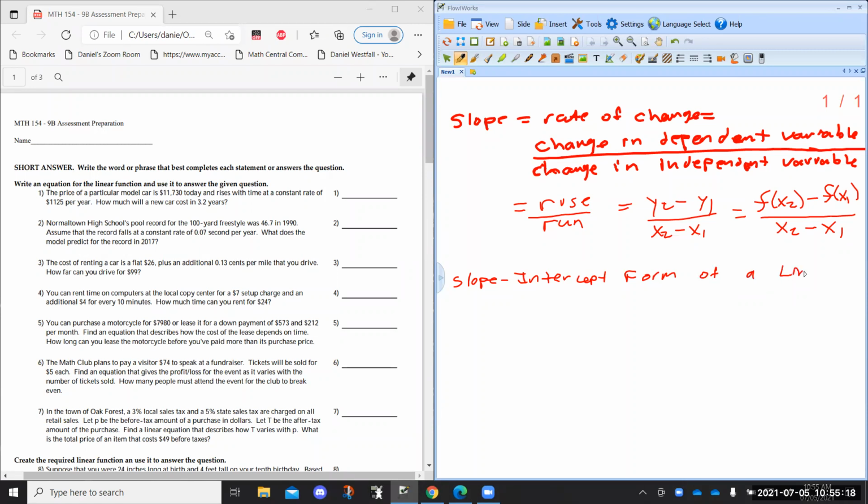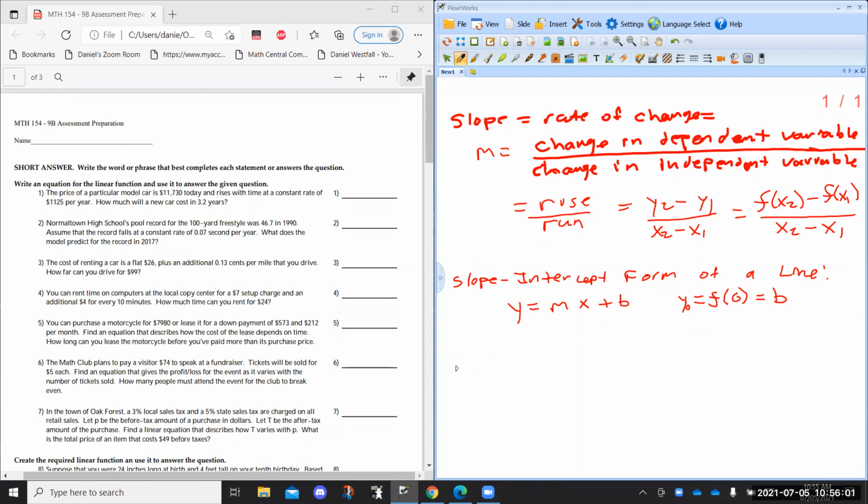This should be familiar to you because you all should have taken an Algebra 1 course at some point. y equals mx plus b, where m is the slope and b is the y-intercept. f of 0 is equal to what we call b. y at x equals 0, or f of 0, is equal to b. So it's that place where it crosses the vertical axis.